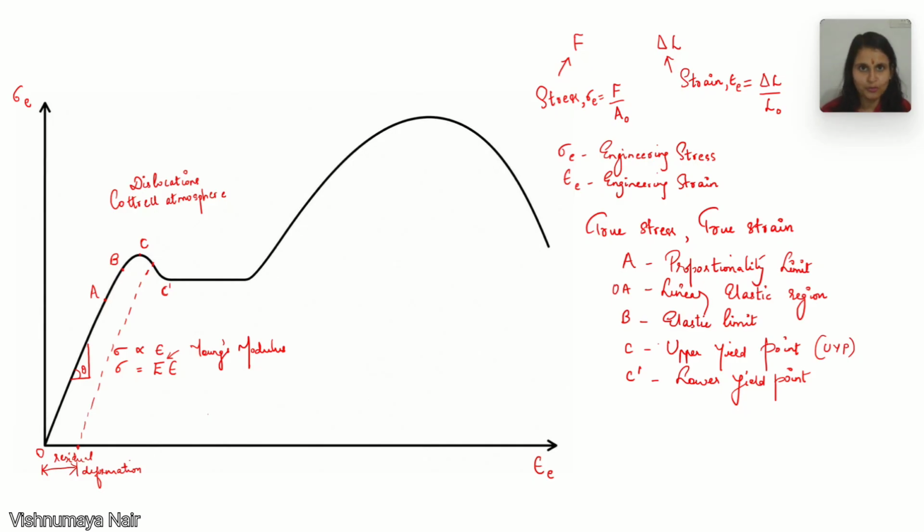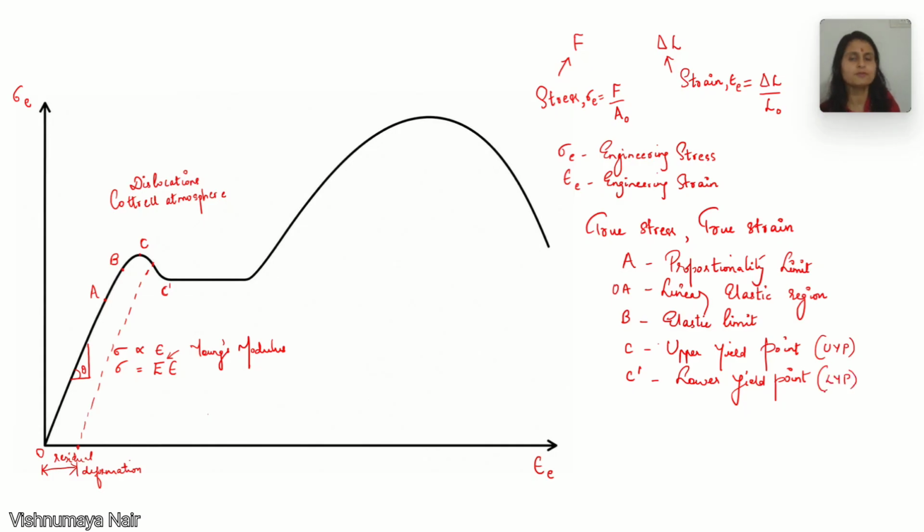Once they are free to move, that much resistance is not there within the material. So the stress value reduces. That much stress is not required to bring about the plastic deformation. Since the dislocations are free to move, we can get plastic deformation at a significantly lower value of stress. So here we can see a dip in the curve from C to C prime. So from upper yield point to lower yield point, there is a decrease in the value of stress.